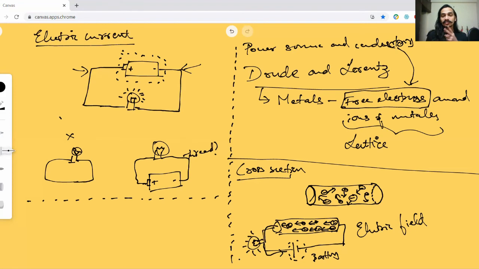The source of power has to be able to make an electric field, like a battery, right? Now what happens is, in a conductor, there are electrons that are randomly moving in all directions without any order. The moment you connect a conductor to a power source, it generates an electric field. What that electric field does is influence all the electrons to move in one direction.